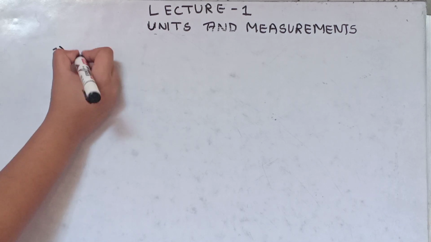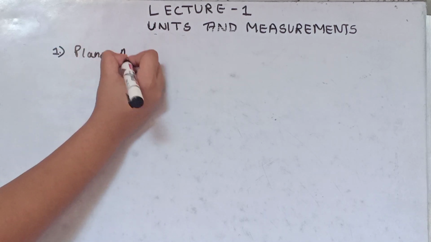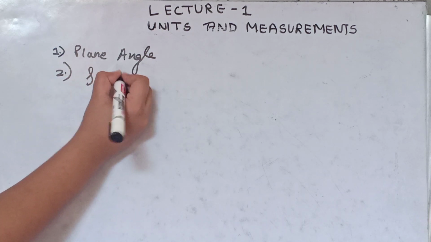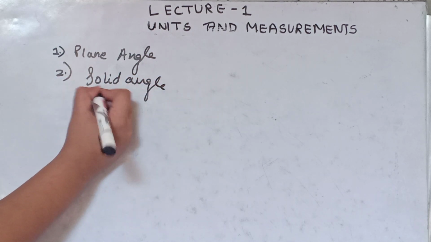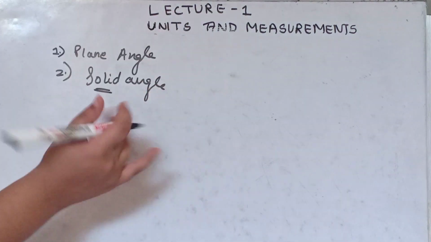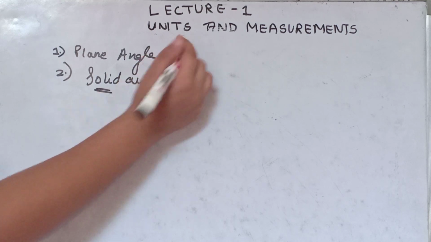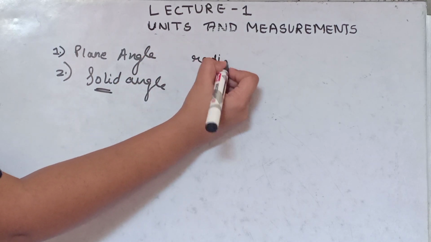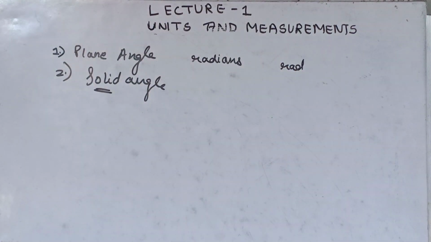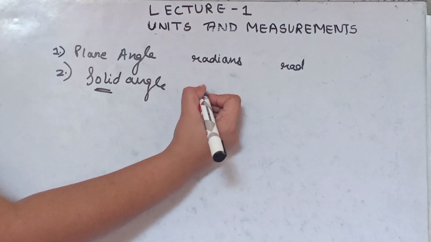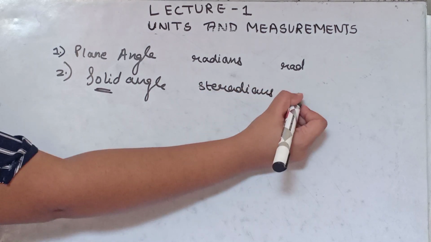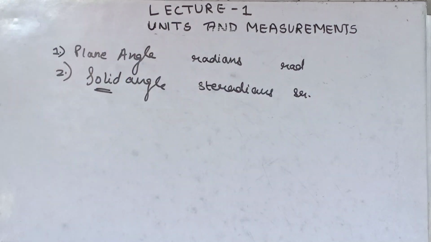Number 1 is for plane angle, and number 2 is for solid angle. Solid angle is the angle measurement for 3D, and plane angle is your simple angle that you measure as 30 or 40 degrees. Plane angle is measured in radians, represented as rad. Solid angle is measured in steradians, represented as sr.